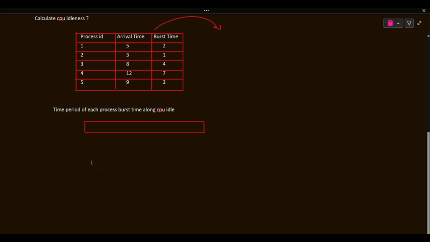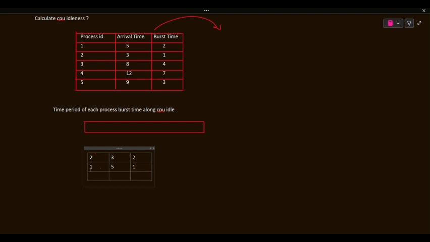The first process will be the second one with arrival time 3, and its burst time is 2. The second one will be the first process with arrival time 5 and burst time 1.